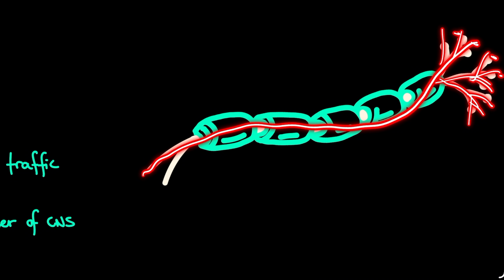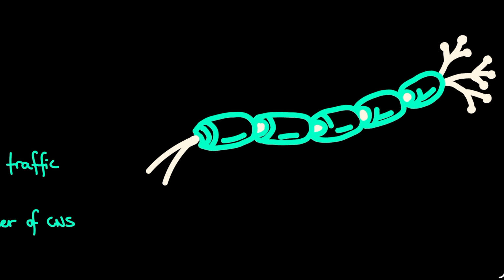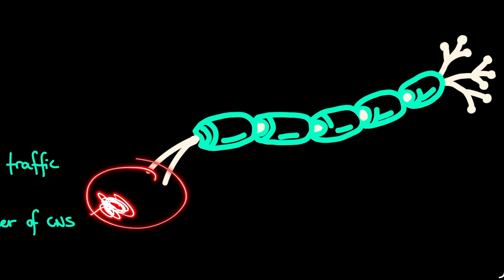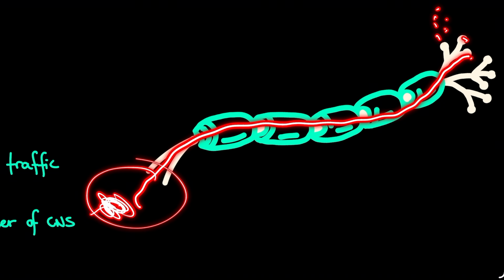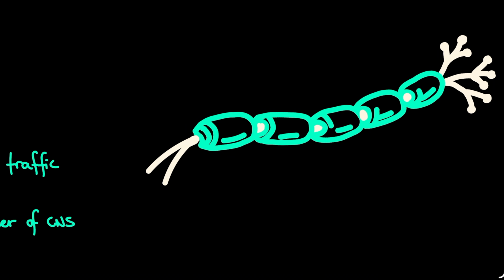So I generate some signal downstream from the cell body, and that will eventually get to the bottom where I release some chemicals to have an effect. Right? If this is for, say, a motor neuron, then I'll release some acetylcholine, and that'll tell this muscle to contract, or some kind of arc like that.